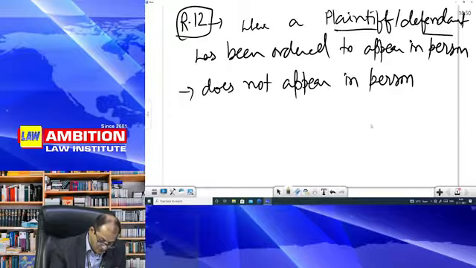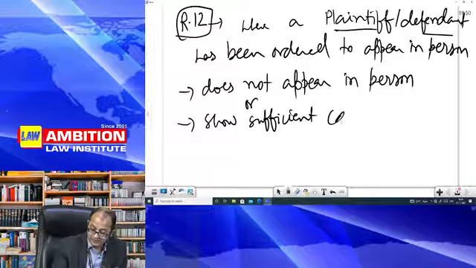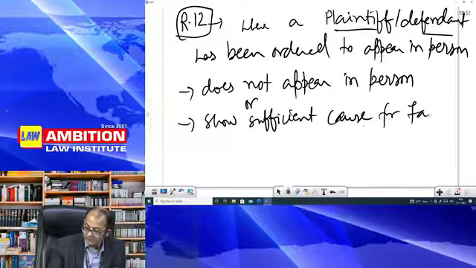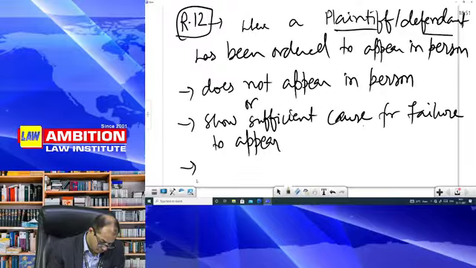Or show sufficient cause for failure to appear. He shall be subject to all the provisions of the foregoing rules applicable to plaintiffs and defendants respectively who do not appear.